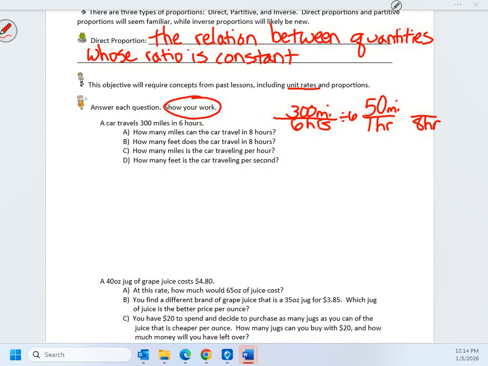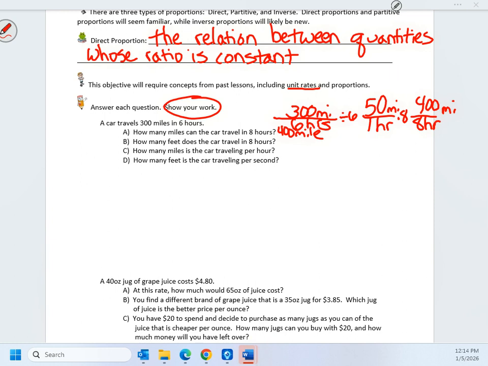To go from 1 hour to 8 hours, I multiply by 8. Whatever I do to the bottom, I do to the top. So 50 times 8 is 400. So I know I can go 400 miles in 8 hours. So my answer to A is 400 miles.